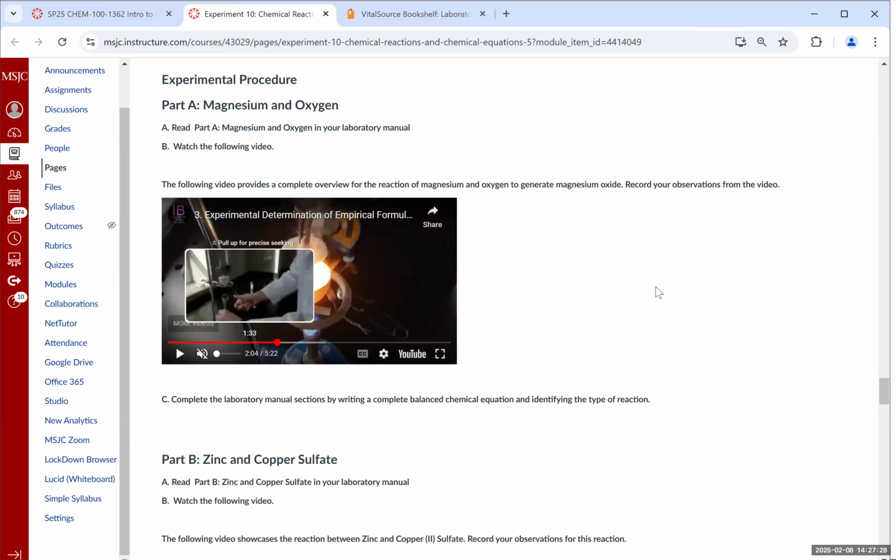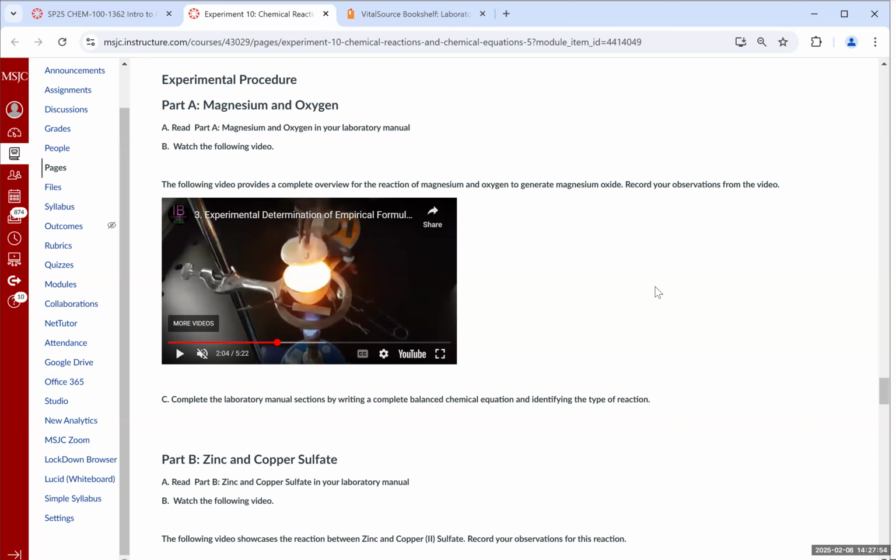Okay, let's pause there. Now, thankfully, this is being screened through a camera. If we were running this lab face to face, you would not want to look directly at the magnesium as it is undergoing this reaction. As you can see, it's glowing, not just because it's hot, but also because it's generating a large amount of light.